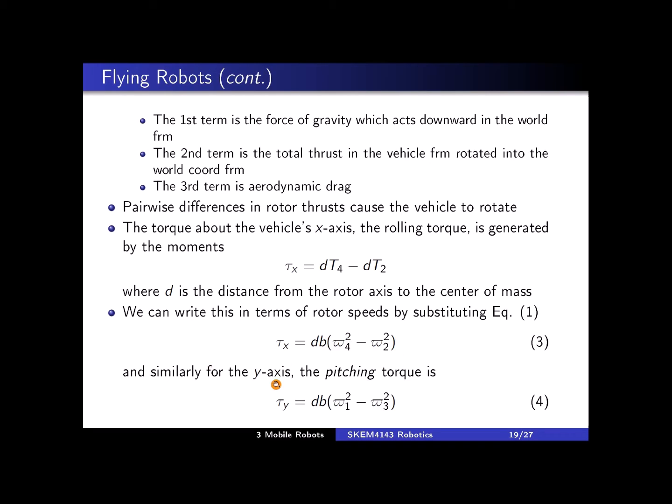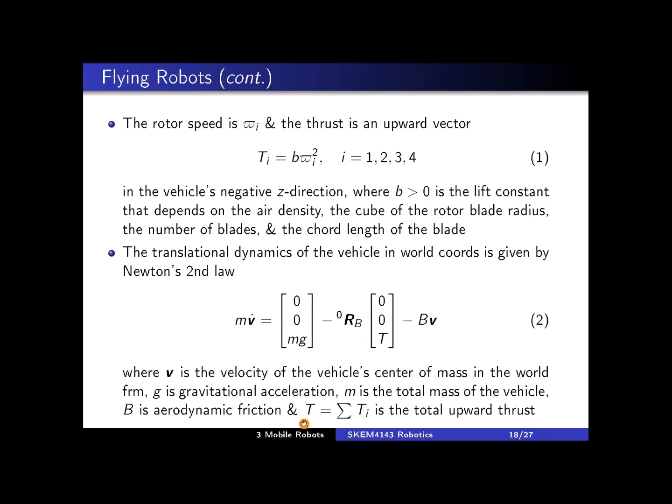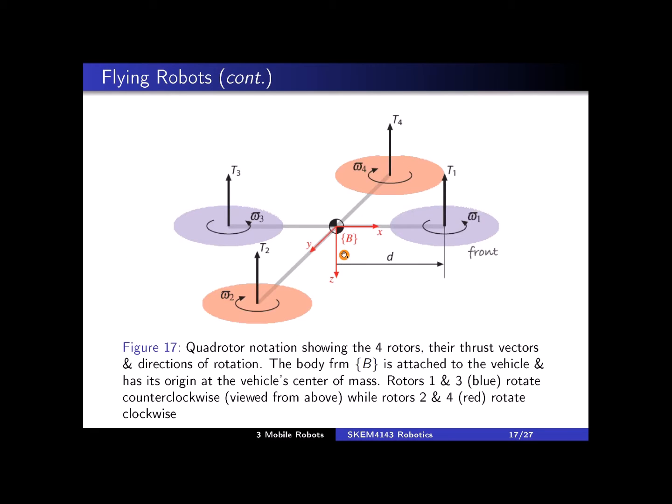And similarly for the y-axis, the pitching torque is given by this. Okay, let's look at pitching torque. Roll is rotation about the x-axis, and pitch is rotation about the y-axis. So positive pitch means we rotate in the positive direction about the y-axis.